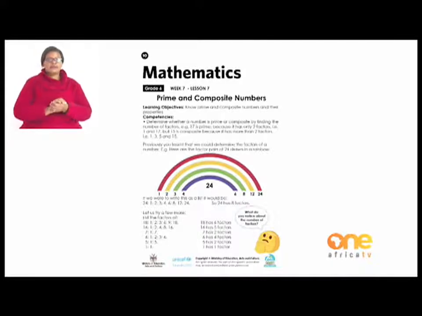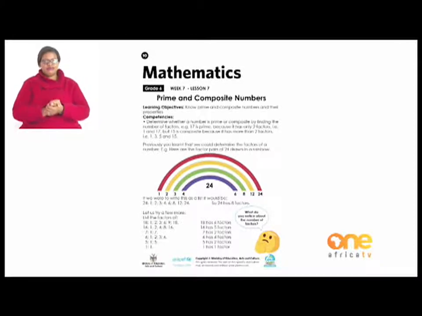And then we have 5, which, just like 7, only has 1 and 5 as factors, so only 2 factors. And then lastly, we have 1, which is probably the most unique number, and it only has 1 factor.